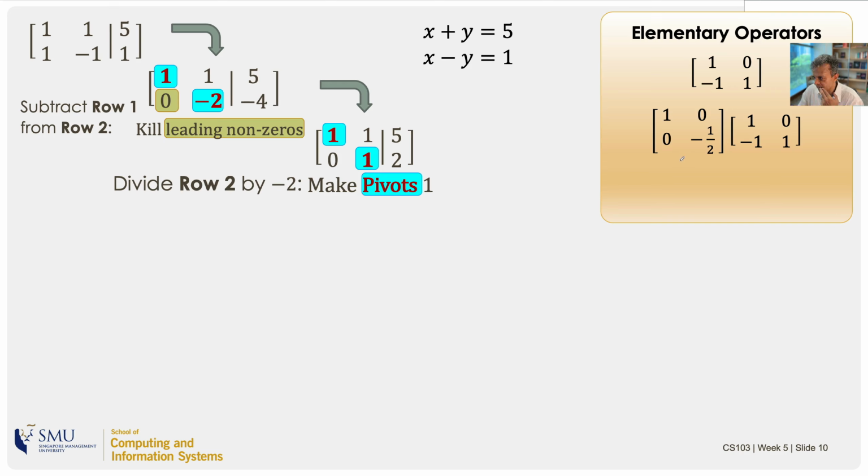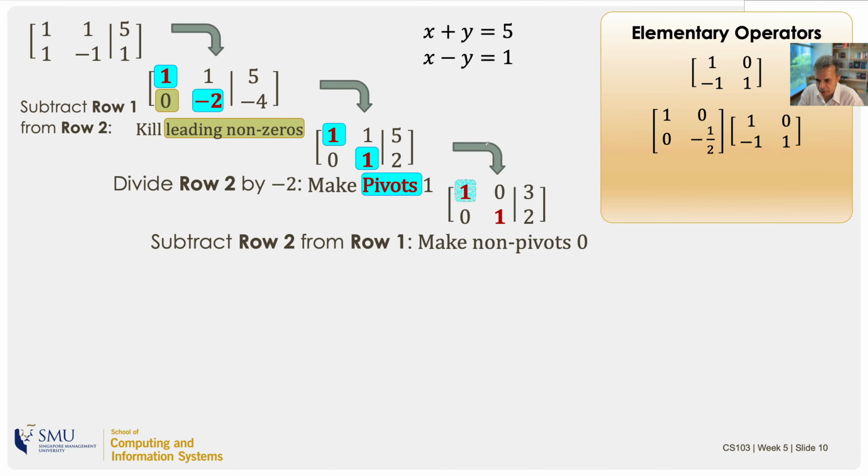So just scale the second row by minus half, divide the second row by minus 2. That's the second elementary operator. Multiplying these two elementary operators, you will get the total elementary operation, but we're not doing the multiplication yet. You're applying these elementary operators in that sequence on the augmented matrix to get this augmented matrix now.